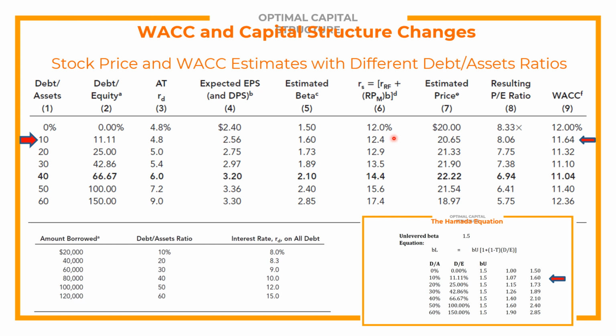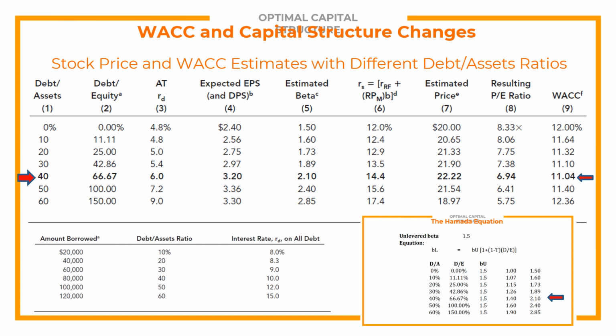Again, the 12.4% is multiplied by its weight of 90%, and the 4.8% after-tax cost of debt is multiplied by 10%. That will give us a WACC of 11.64%. You will just do the same procedure on the other capital mixes.